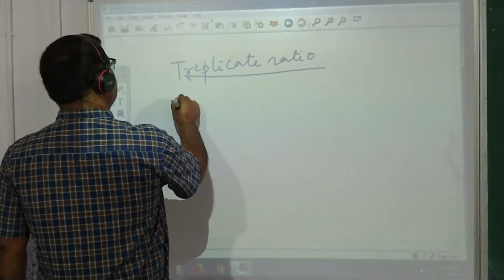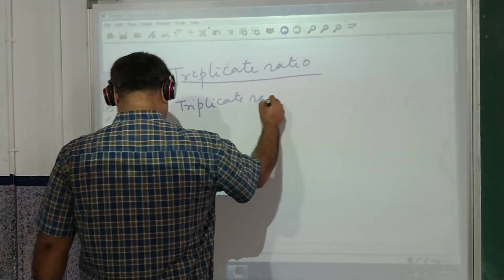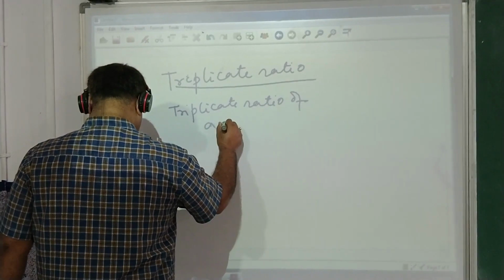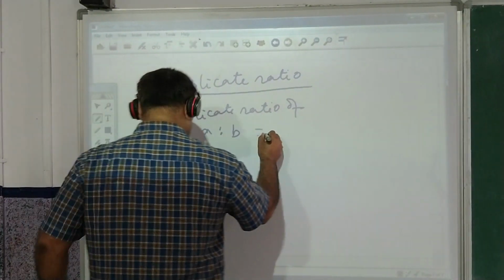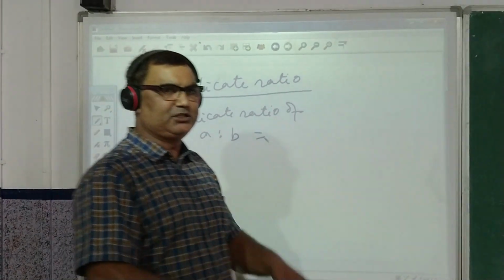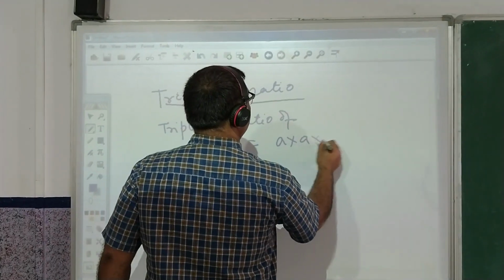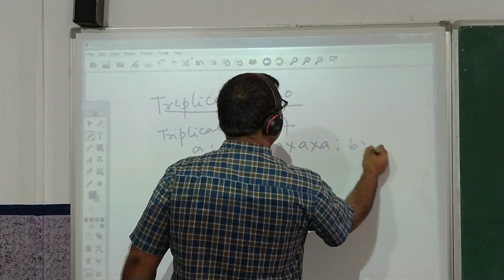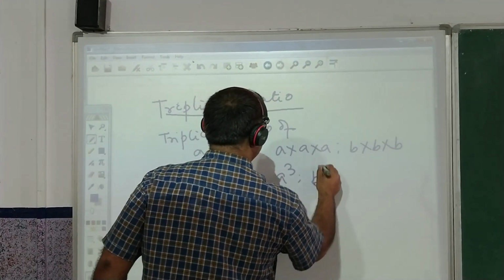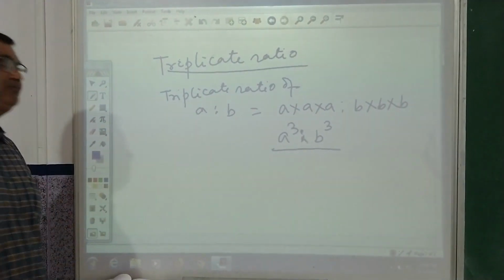For example, the triplicate ratio of A is to B is the compound ratio of A is to B three times, that is A into A into A is to B into B into B, which means A cube is to B cube.